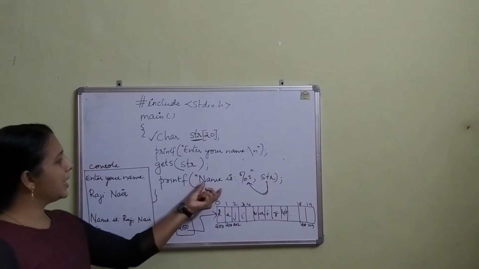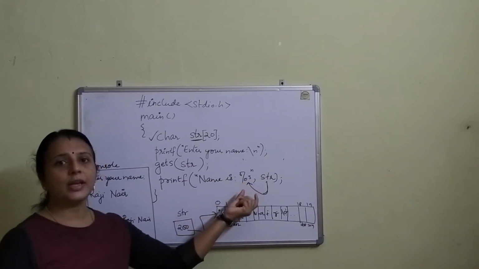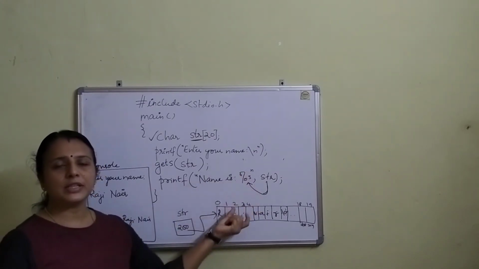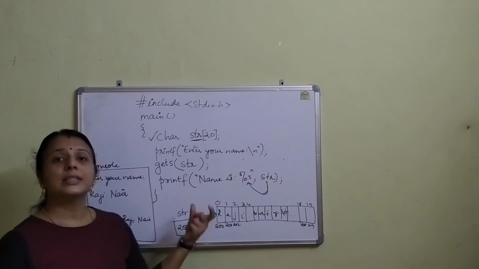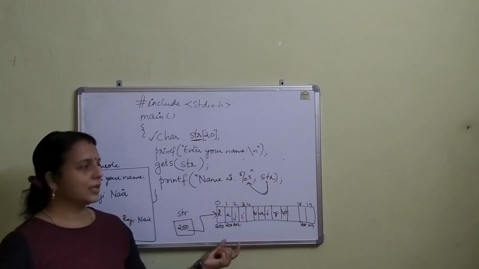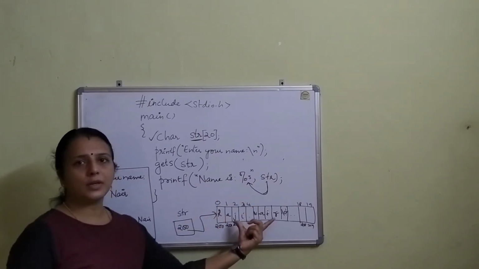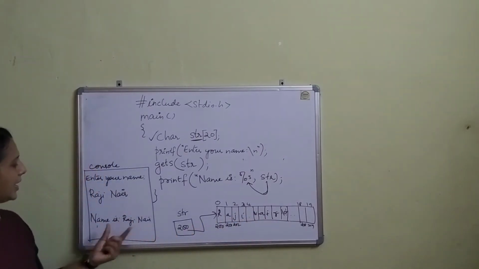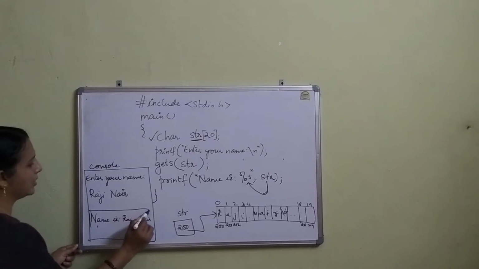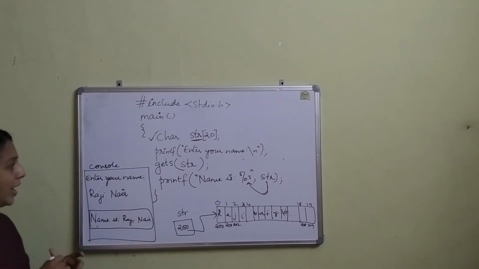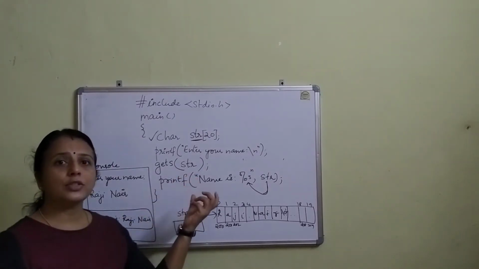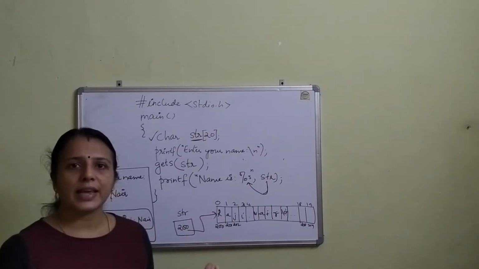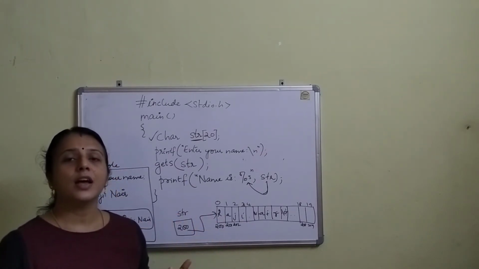So during the printing process, this %s will be printing the characters one by one till it finds a null character. So it will be printing the whole name, Raji Nair, with the space itself. So you will get this sentence on your console. So what you have to understand is, when you are going to use %s in scanf for reading purpose, what happens?